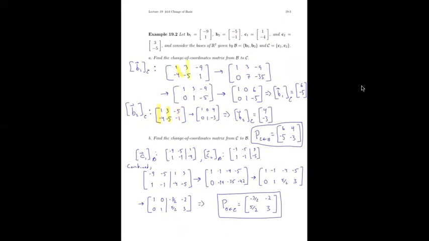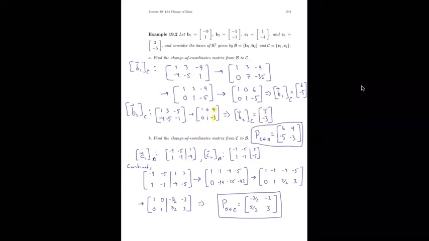Notice this is the same as the previous part of the problem. I take this to reduced echelon form. A few steps in between here will get us to what we've got here. And we see that our first weight should be a 4, our second weight should be a -3, and that makes up the coordinates, the C coordinates of our B2 vector.